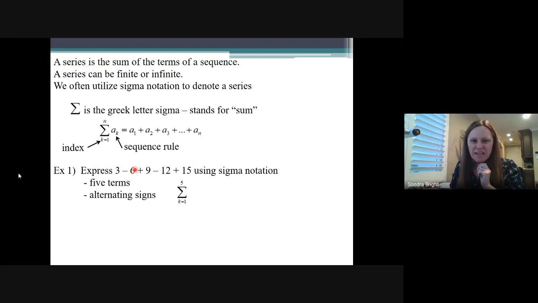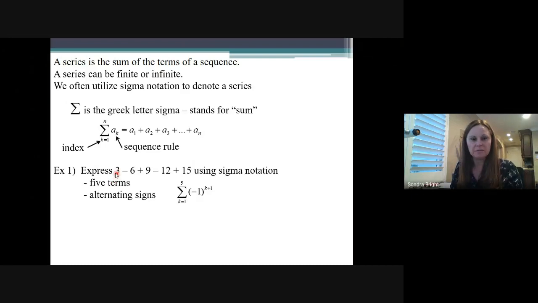But here we're starting off with when you plug a 1 in, I need a +1. So you just take care of that by doing k plus 1. So when you have alternating signs, you'll either do -1 to the kth power or -1 to the k plus 1 power. And that just depends on, are you starting off with a positive or a negative?